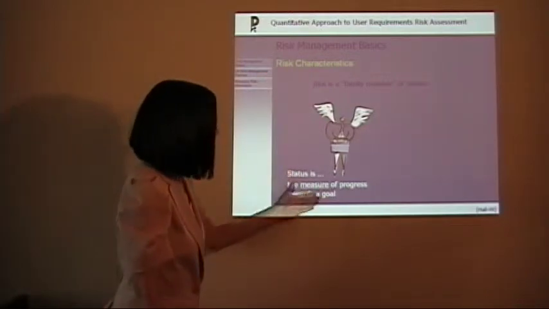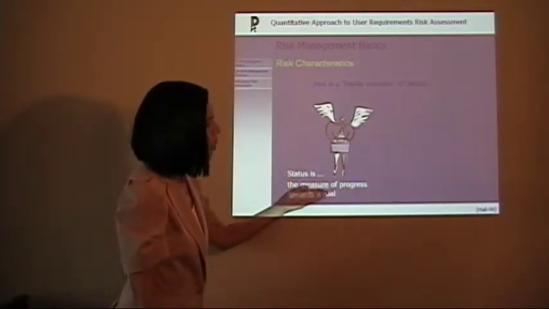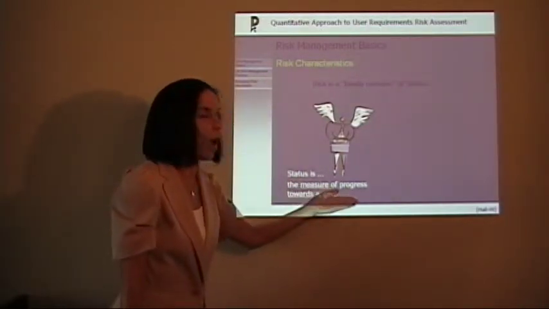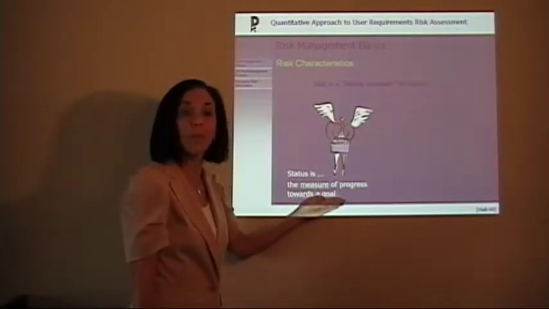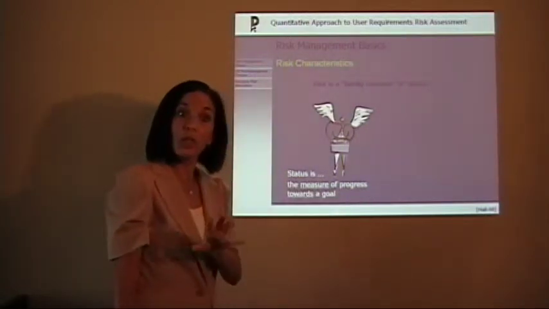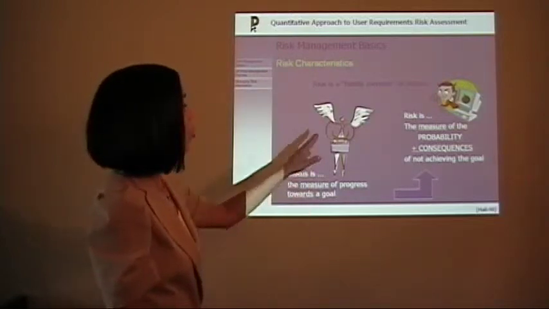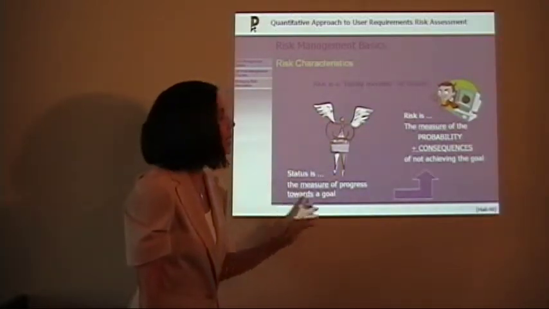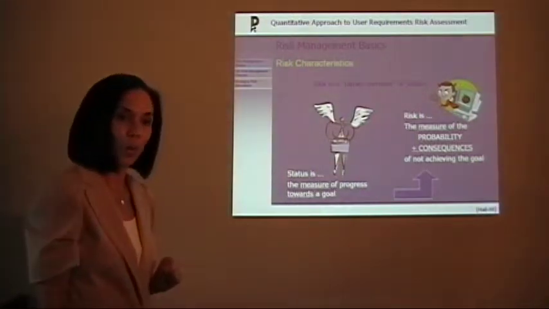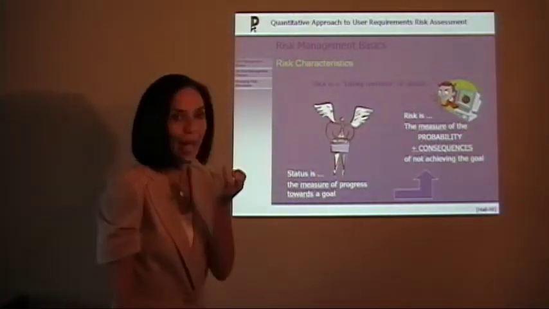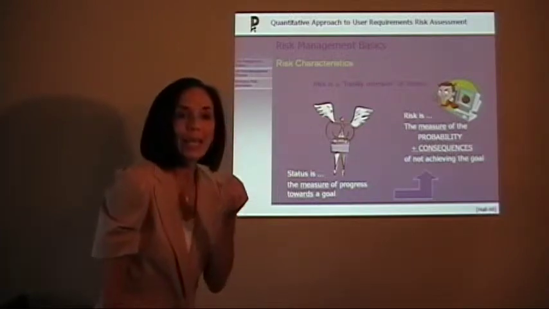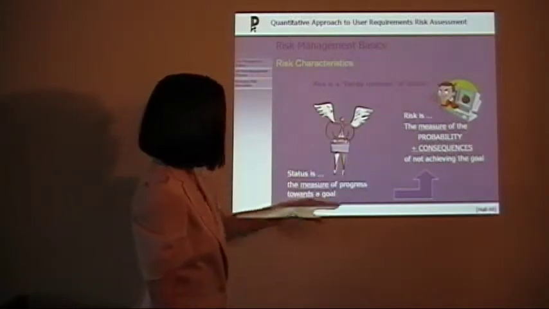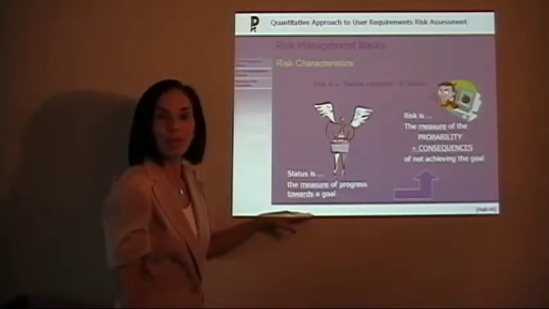They want to be able to measure our progress towards the goal of implementing that system. Where does risk come in? Risk is the measure of the probability and consequences of not achieving that goal. So risk is the measure of all the things that can go wrong that would not allow us to implement our system successfully.